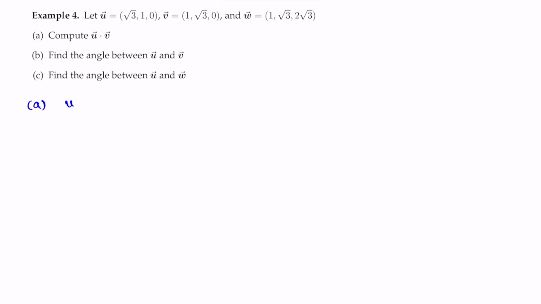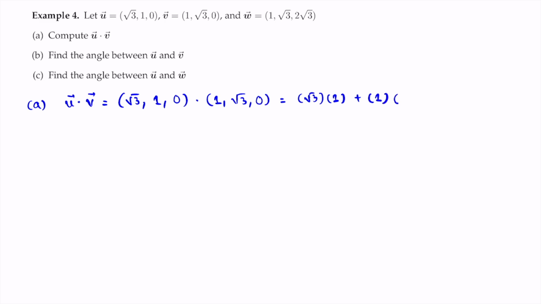So part A, you got u dot with v, and this gives you (root 3, 1, 0) dot with (1, root 3, 0), or root 3 times 1 plus 1 times root 3 plus 0 times 0, and you get 2 times root 3 for the result.